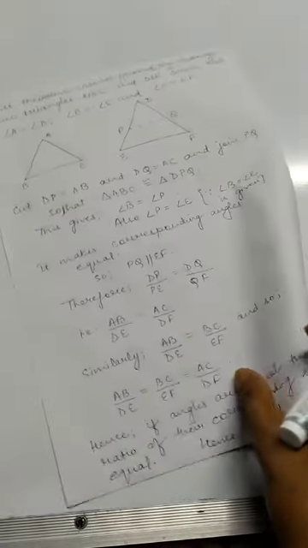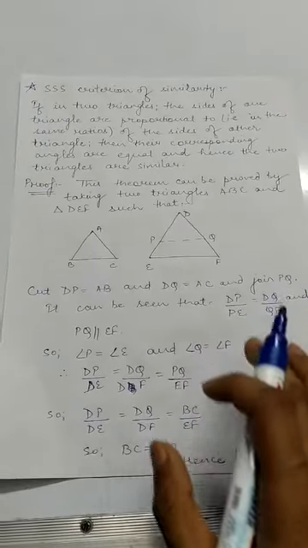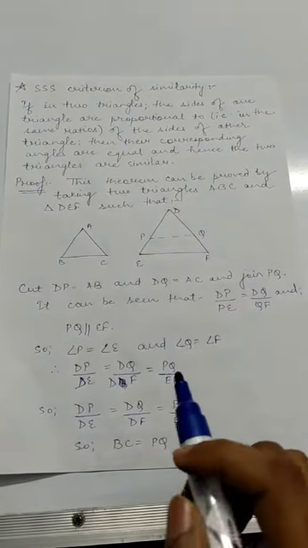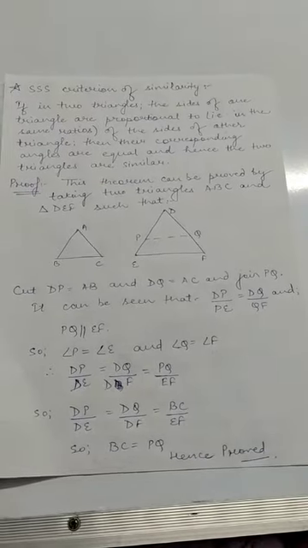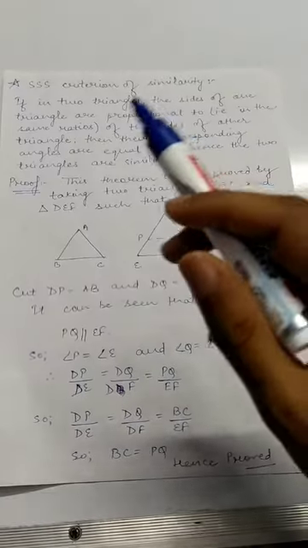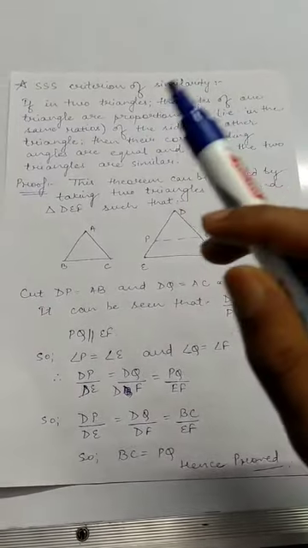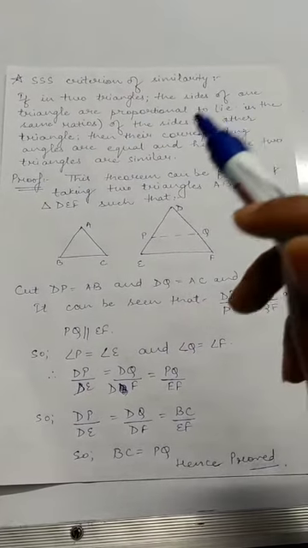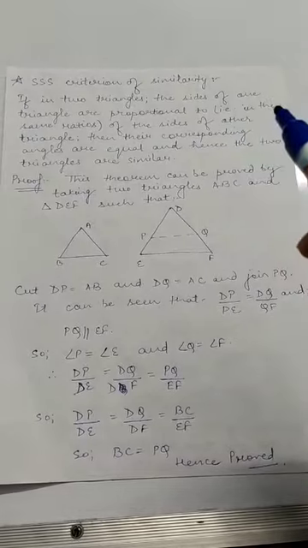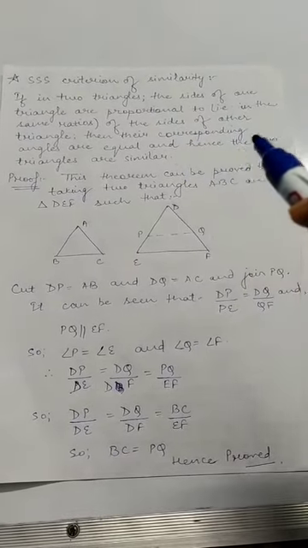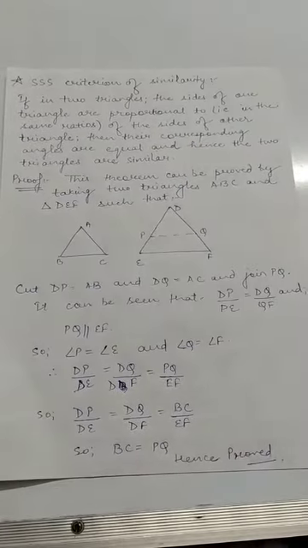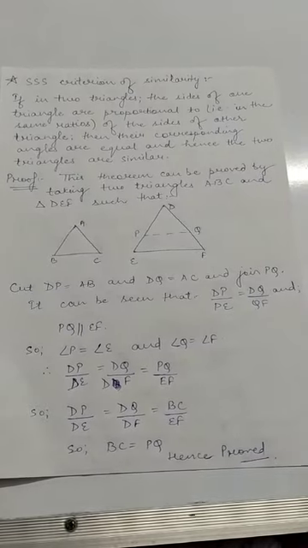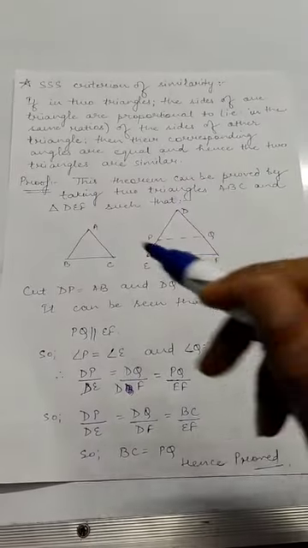Now moving to the next theorem, that is SSS, that is side criteria of similarity. Now what this theorem states is that if in two triangles the sides of one triangle are proportional to, or in the same ratio as, the sides of the other triangle, then their corresponding angles are equal and hence the two triangles are similar.